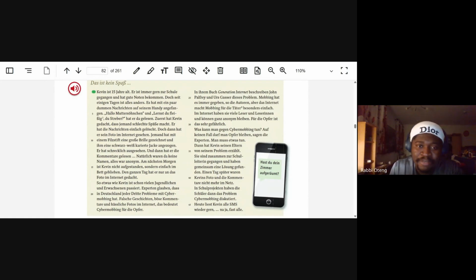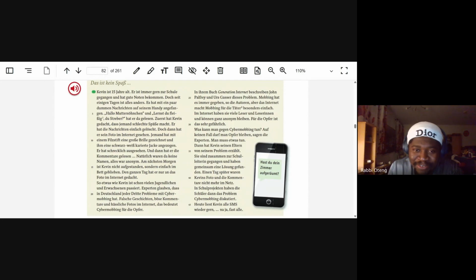Okay, it means that can be explained as cybermobbing. So in ihrem Buch Generation Internet, okay, German Generation Internet beschreiben John Alfred und Urs Gasser.